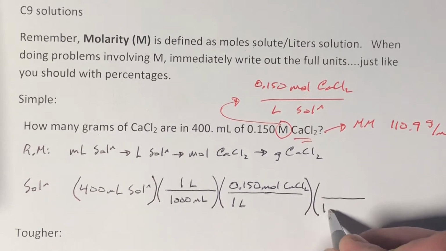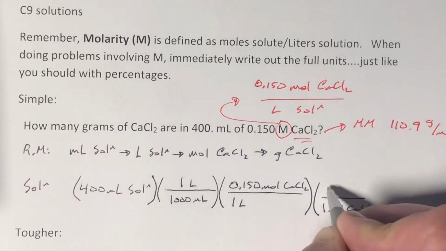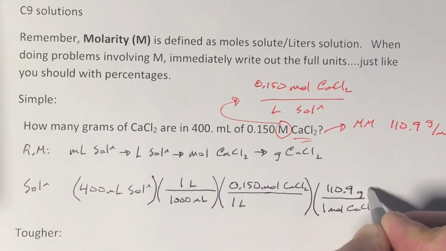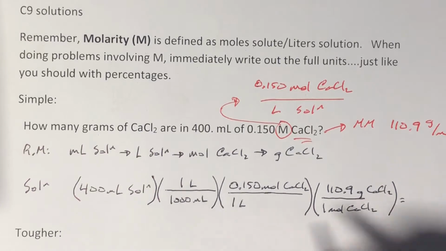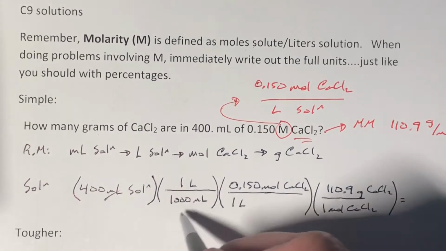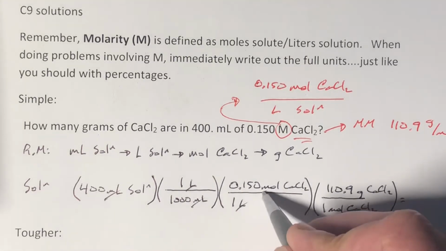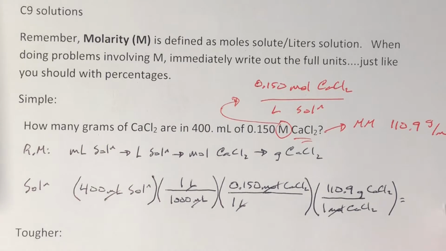So I have that 1 mole of the calcium chloride is the 110.9 grams. Checking my units, my mL cancel, my liters cancel, my moles cancel, and I'm left with then grams of calcium chloride.